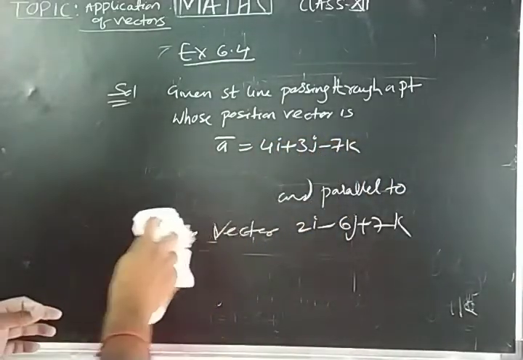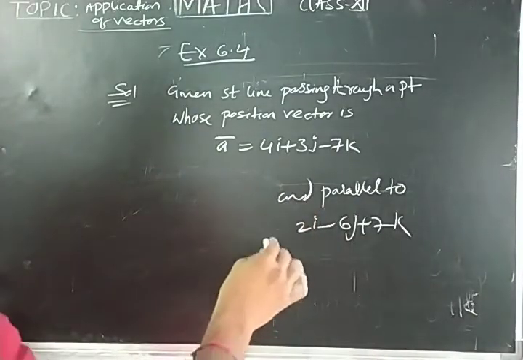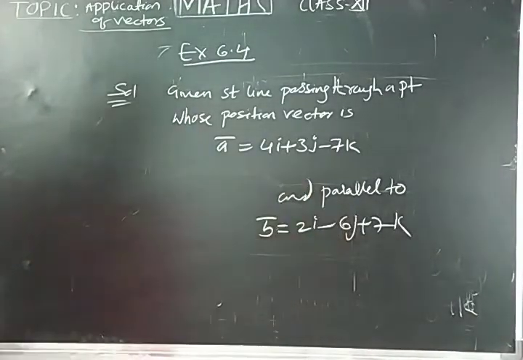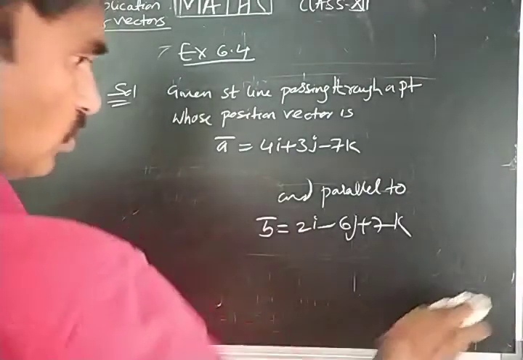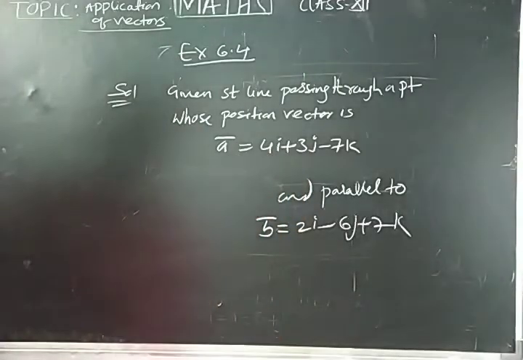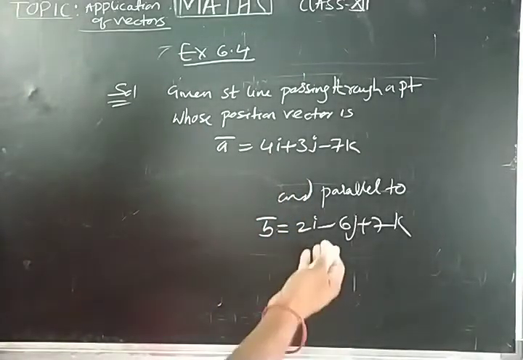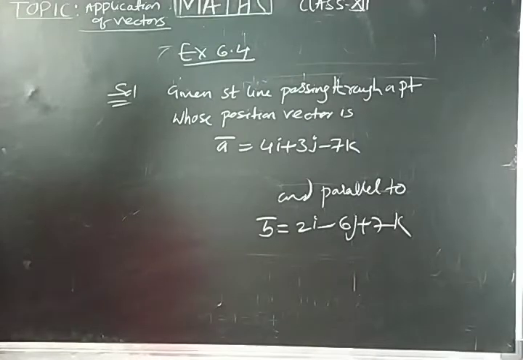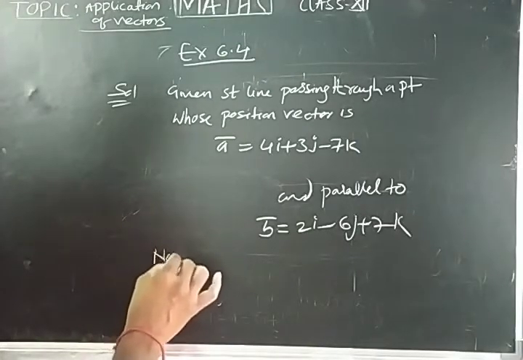And parallel to b bar, second vector I am taking b bar, which is 2i minus 6j plus 7k. So the straight line passes through one point, its position vector is given, and it is parallel to another vector, that b bar is also given. Now I am finding non-parametric form.